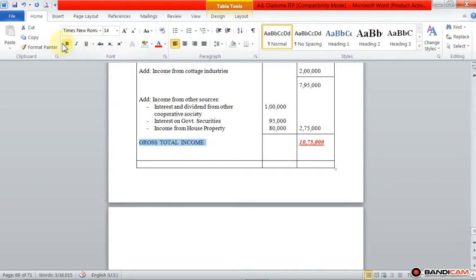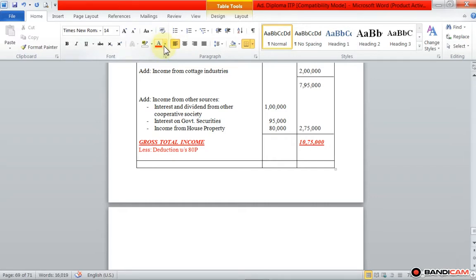Then we deduct deductions under section 80P.